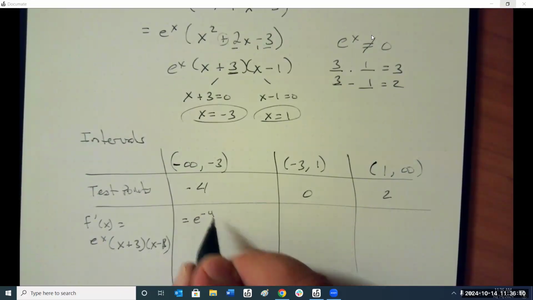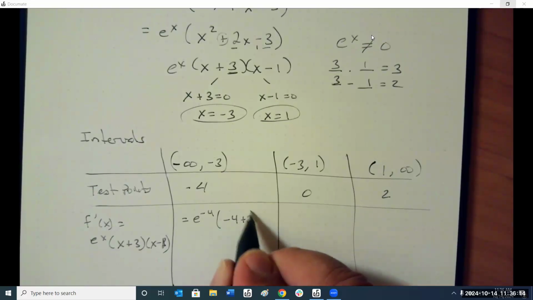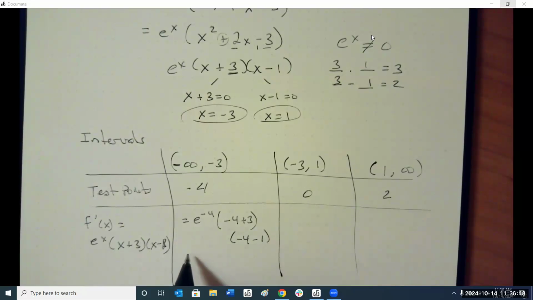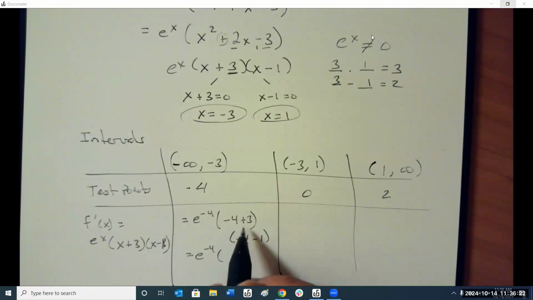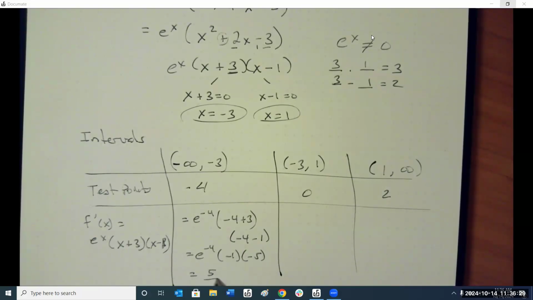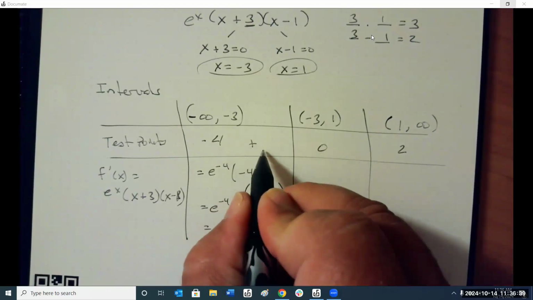At negative 4: e to the negative 4, negative 4 plus 3 is negative 1, times negative 4 minus 1, which is negative 5. The answer is positive 5 over e to the 4th. It's greater than 0, so it's positive, it's increasing.